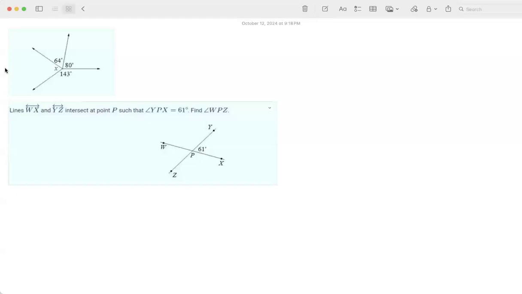Arman, what does the angle YPZ mean? That's right, Ritisha. For any two lines intersecting, the opposite angles are always equal. Vertically opposite angles are always equal. No, Anya, vertically opposite angles are equal. If this is 61, this is also equal to 61.